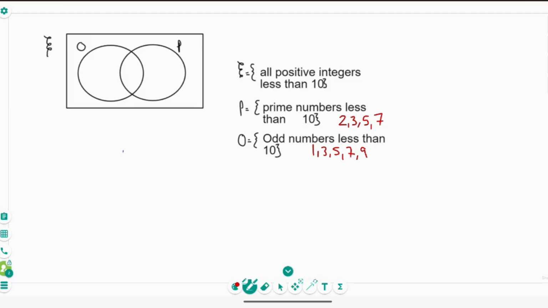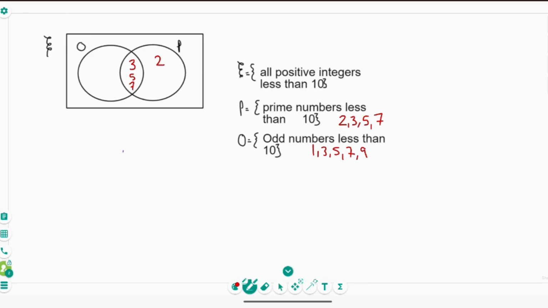I'm going to fill in the overlap here first. So what goes in the overlap between O and P? What occurs in both? 3, 5, and 7. What is left for P? Just 2. We never duplicate the numbers. 3, 5 and 7 are already in P in the overlap.